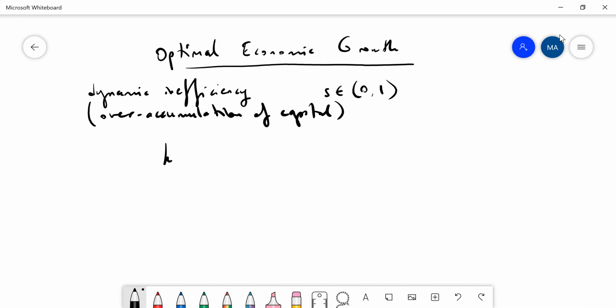And let me show you this. So suppose that this is your Solow model, okay? This is your Solow model, and this is, as you know, investment per effective worker, right? Now write this in this way, okay?